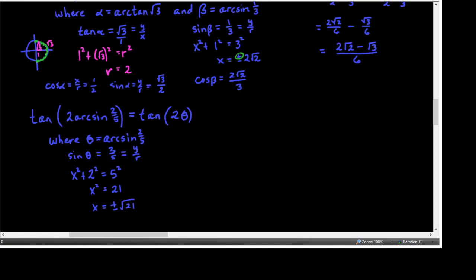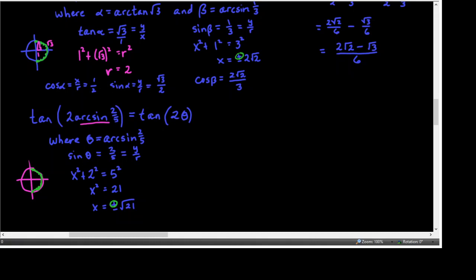And since the inverse function that's being used here is arcsine, the part of the circle we use for arcsine is from negative pi over 2 to pi over 2. And in both quadrants that I've marked in green, x is always positive. Okay? So now we know that y is 2 and x is square root of 21 and r is 5.